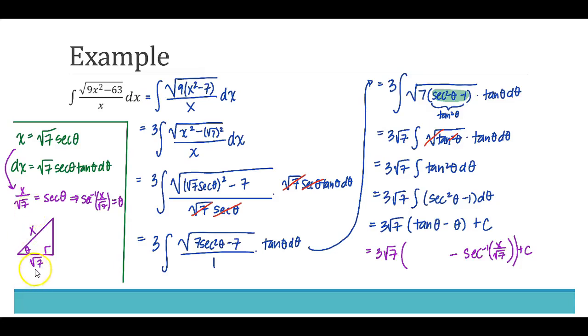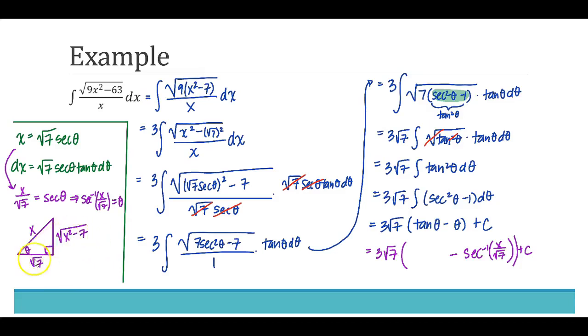So we have x over radical 7, and then we are going to want tangent, which is opposite over adjacent, so we're going to need this other side length. And so I'm going to skip doing that work for the Pythagorean theorem. It's going to be the hypotenuse squared minus the side length squared, so that's just 7. So the square root of x squared minus 7.